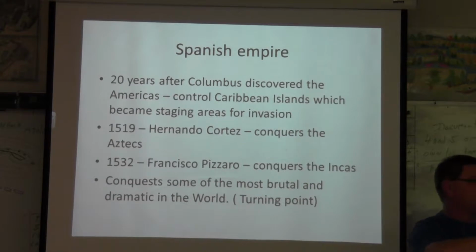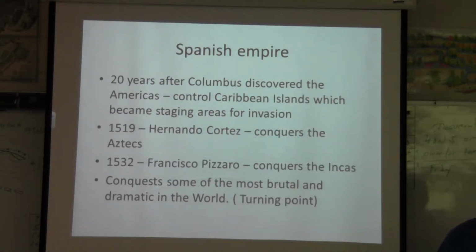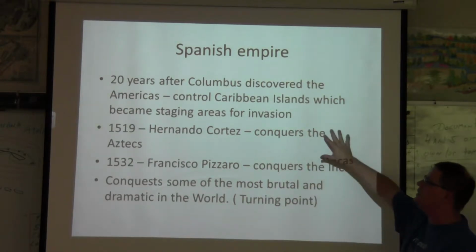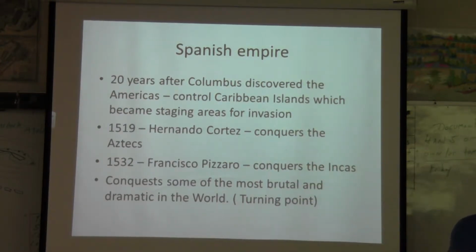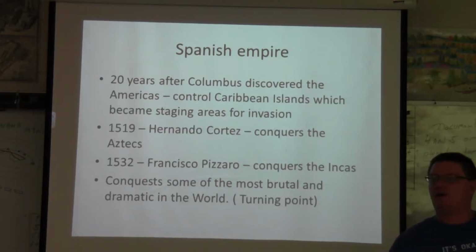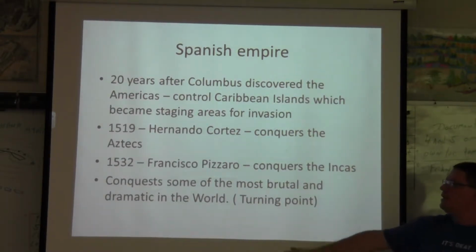They're going to have army, naval ships lined up, men and equipment to go inland to dominate. 1519, the Aztecs fall. Shortly thereafter, 1532, the Incas fall.